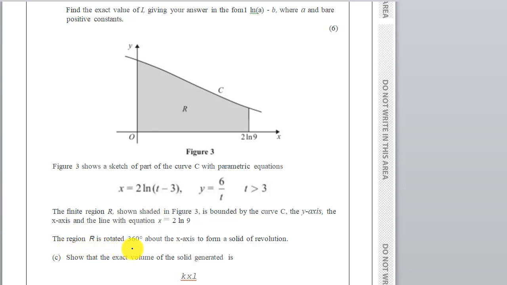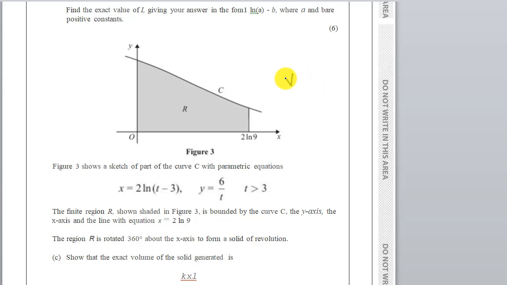The region R is rotated 360 degrees about the x-axis to form a solid of revolution. Show that the exact volume of the solid of revolution is k multiplied by I, where k is a constant to be found.